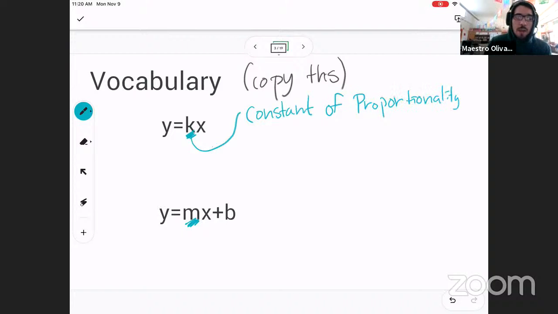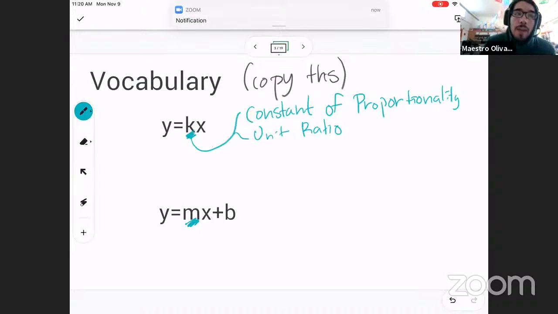And that's the number you get when you divide the y value by the x value. Later in the 7th grade, you learn it as your unit ratio. How many is there of something for something? For every 7 cookies, there's one glass of milk or something. I don't know, whatever the ratio is.